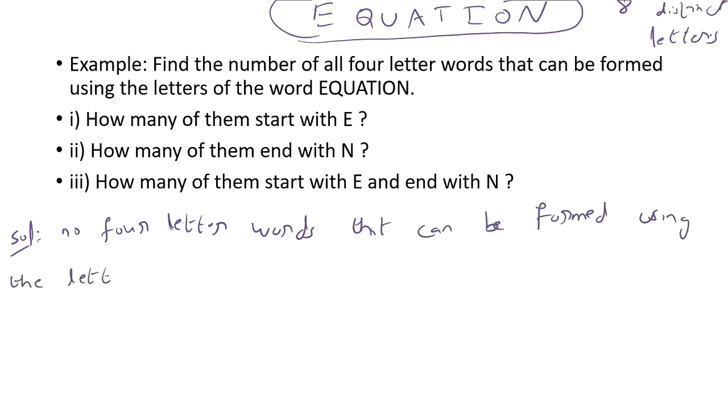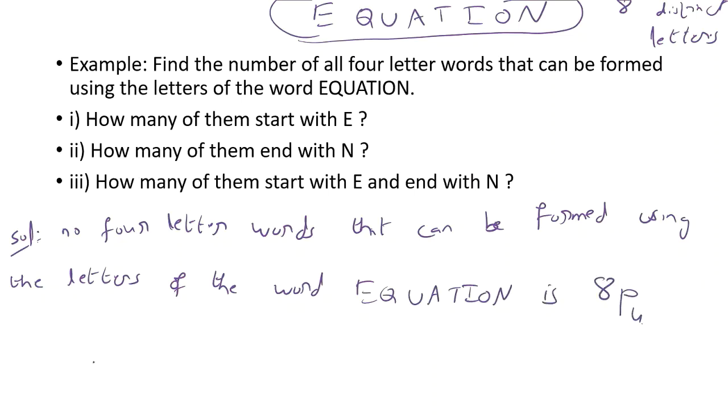The number of 4-letter words that can be formed using the letters of the word EQUATION is 8P4. The number of distinct letters that we have is 8, and the number of letters in the words we have to form is 4. Therefore the number of 4-letter words that can be formed is 8P4.